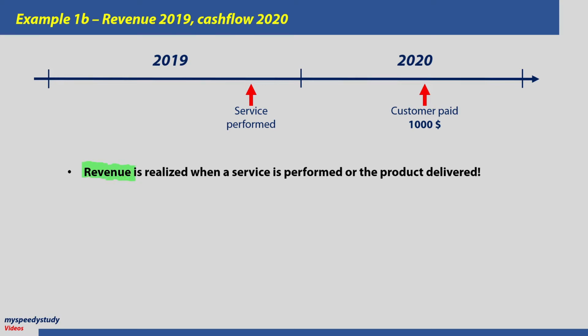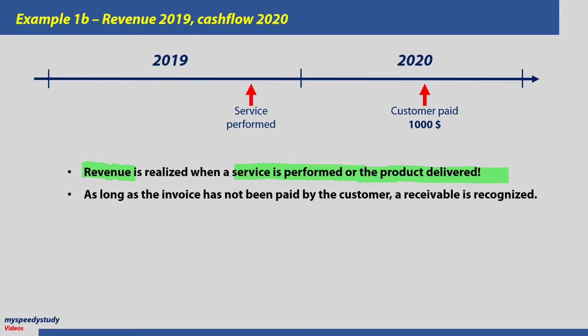We say a revenue is realized when the service has been performed or the product has been delivered by the company. It is only then that the company fulfilled its obligation of the contract and has earned the revenue, no matter if the money has been received or not. As long as the invoice has not been paid, the receivable stays in the accounting system, in the books, in the accounts, in the balance sheet.